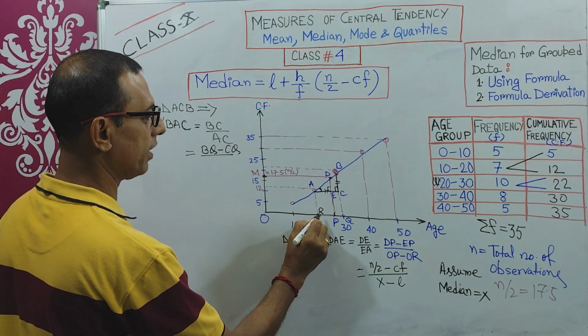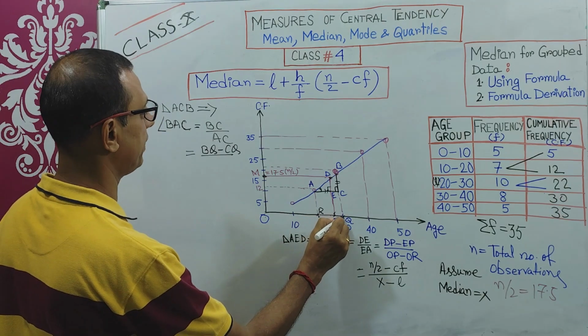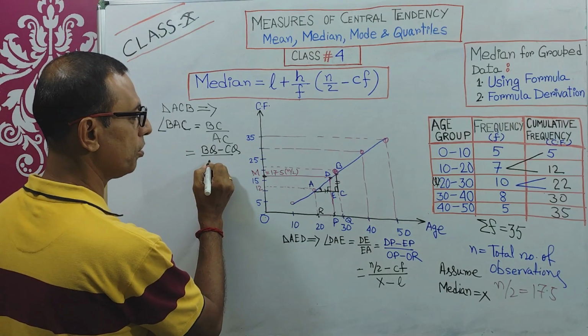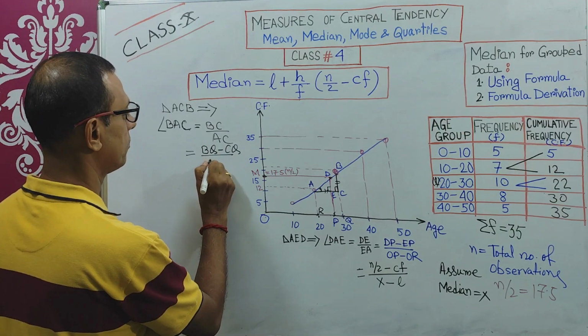AC is nothing but, you can see it is QR, right? So 20 to 30, it is the class range, that is the height of the class H, right? So AC equals QR.